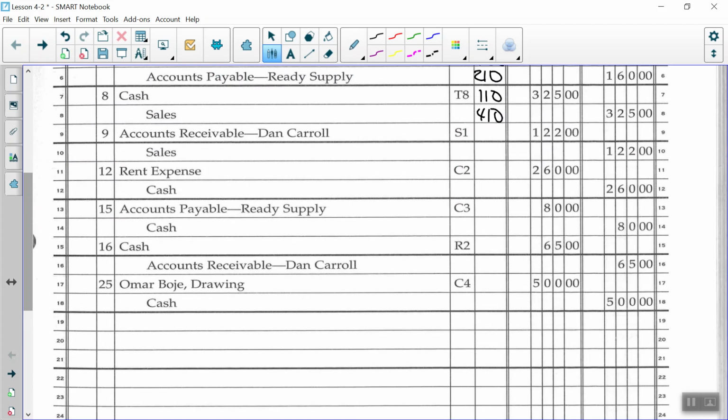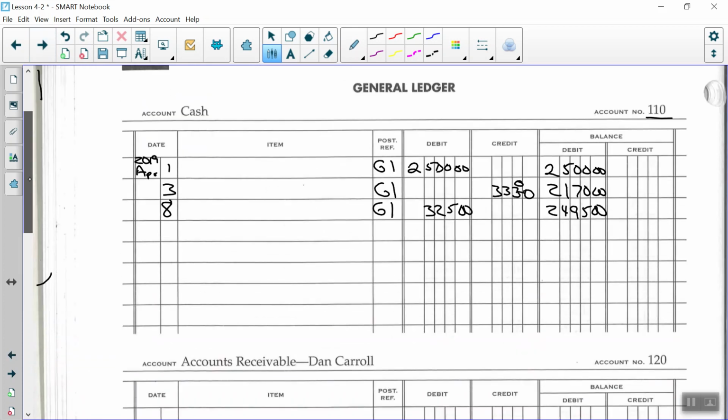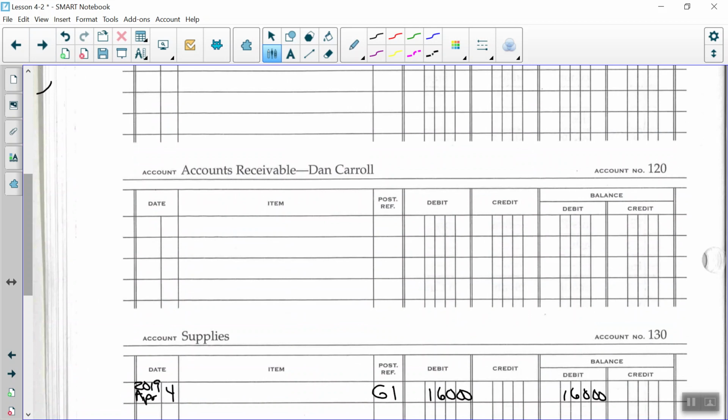Questions? Okay, on the 9th, we sold services on account to Dan Carroll, $122. So now we're going to go find our accounts receivable, right underneath cash. Again, it's the full date. So 2019, April 9th. G1. Debit 122.